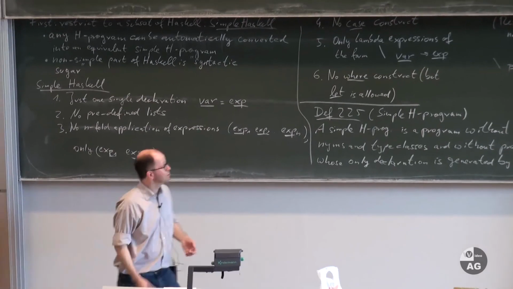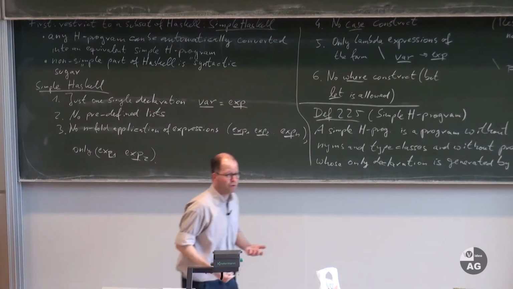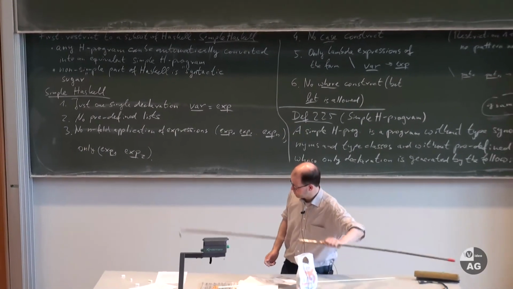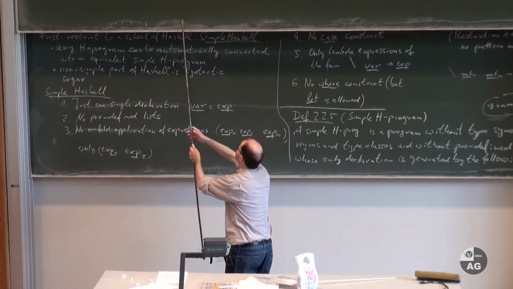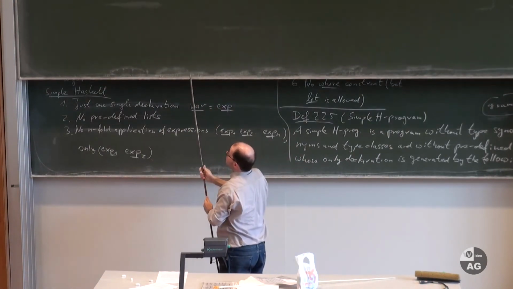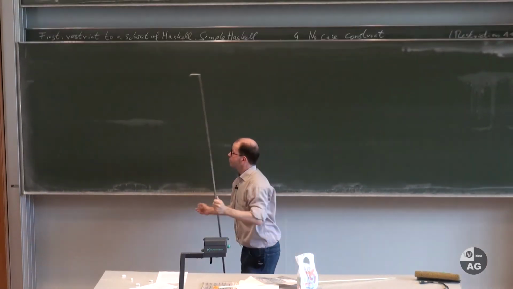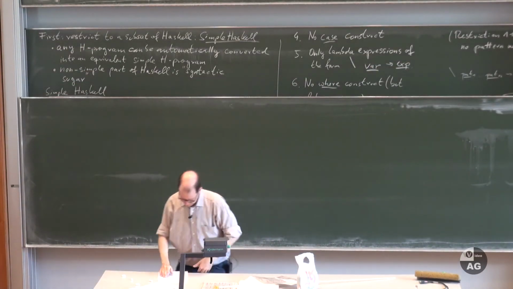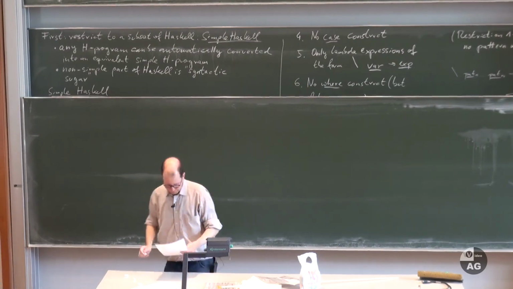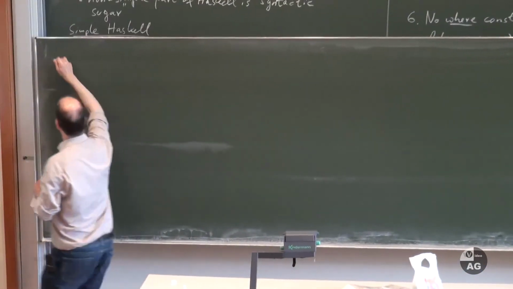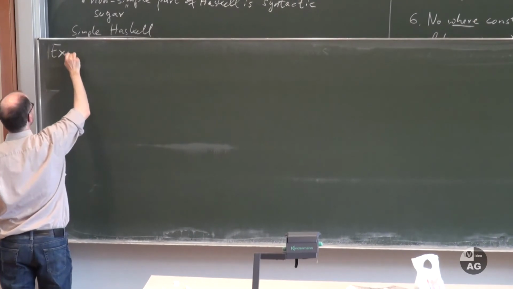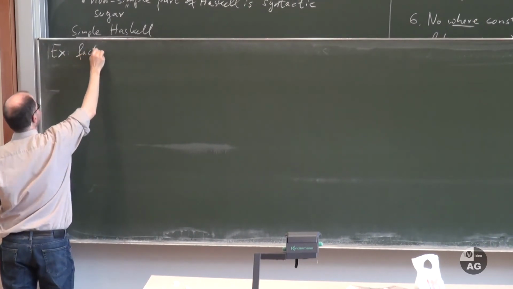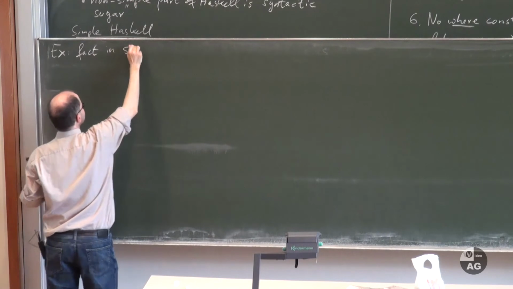So let's program something in simple Haskell to get a feeling for what that means. So let's program, for example, the factorial function in simple Haskell. So here's an example, the factorial function fact in simple Haskell.